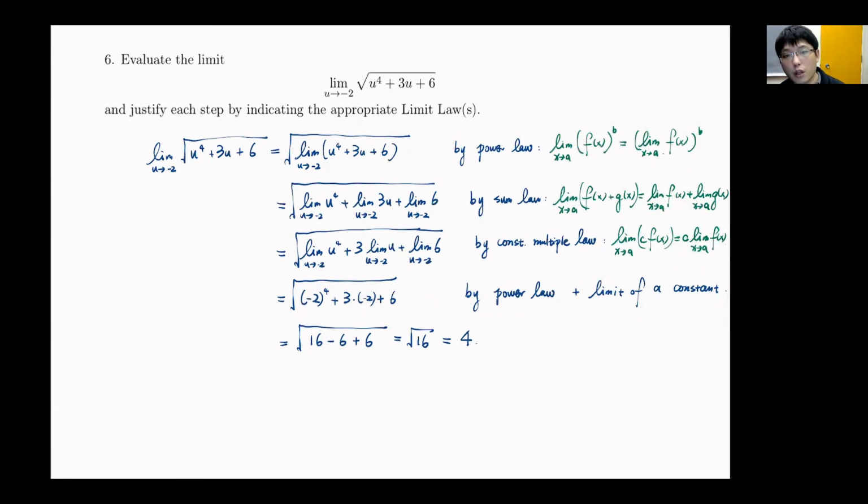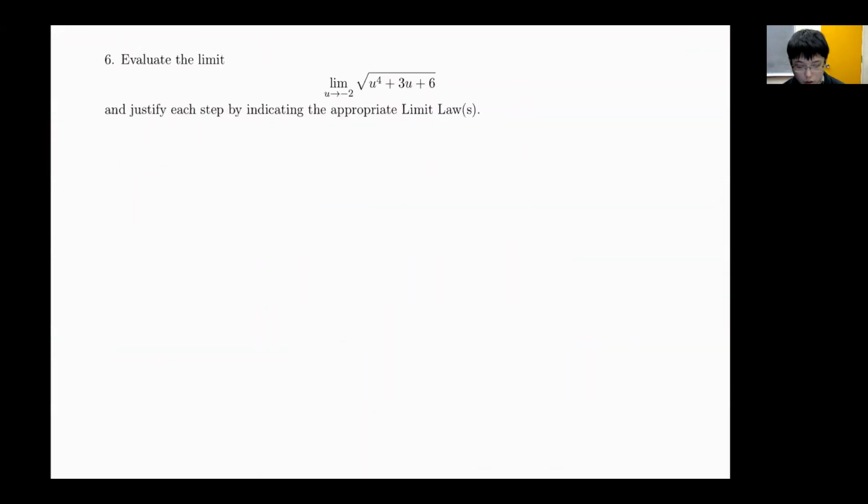Okay, so as you could see in the previous process, writing this limit repeatedly is really annoying. So I will do it in another way that is also acceptable in the test. This way of writing is kind of the reverse of the previous one. So let's start by saying as u approaches minus 2, we know that u to the 4th is approaching minus 2 to the 4th power, which is equal to 16.